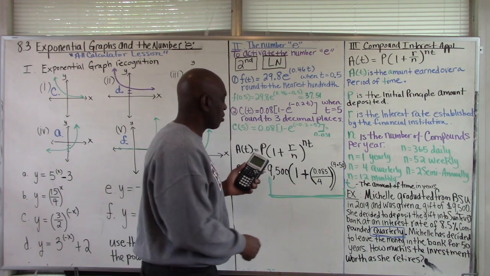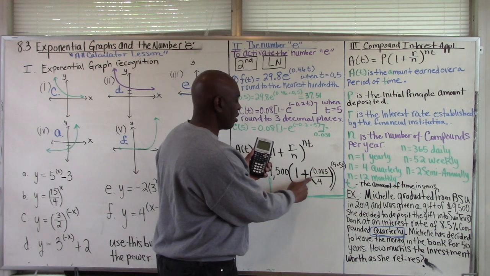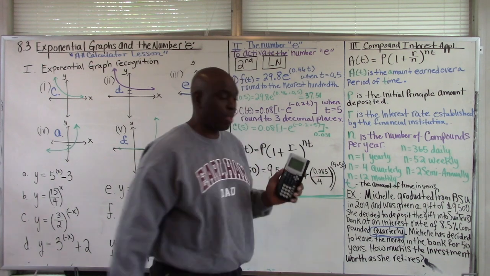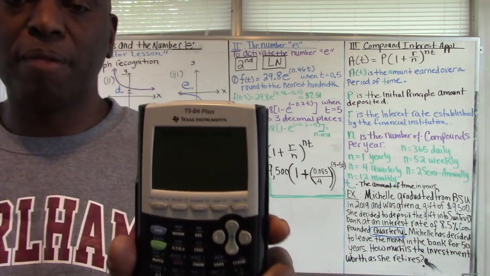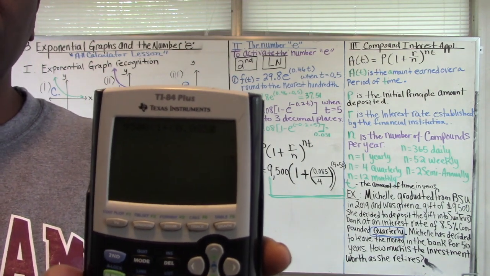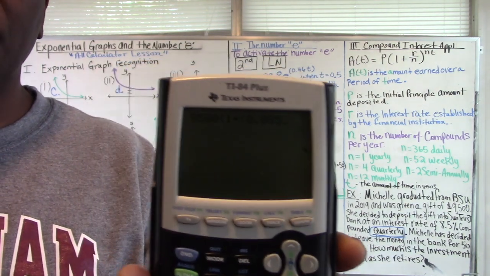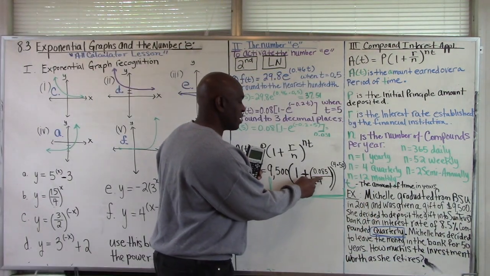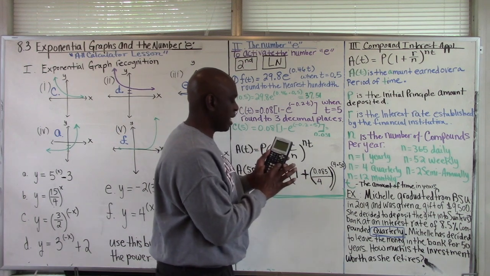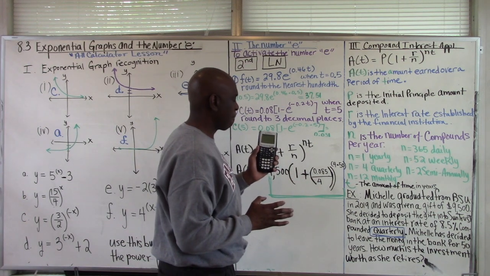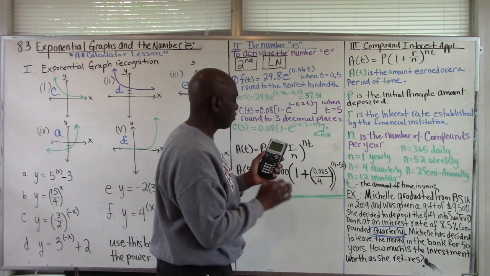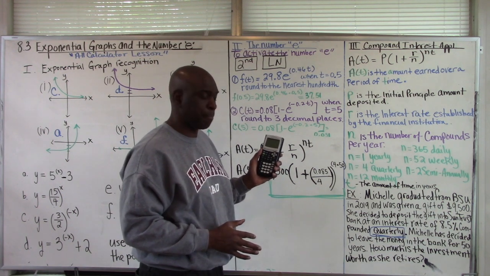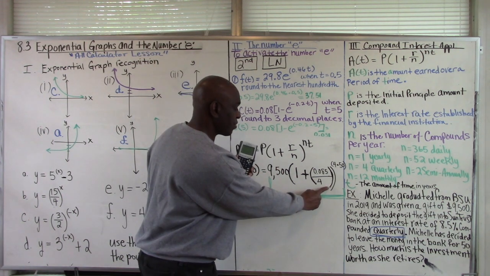So we have the plus sign, then an open parenthesis, then 0.085. That's what you should have. Now do the division line, divided by 4. Got it.